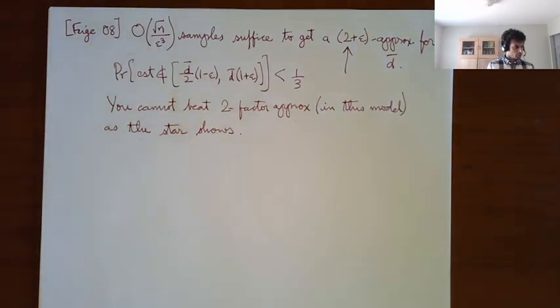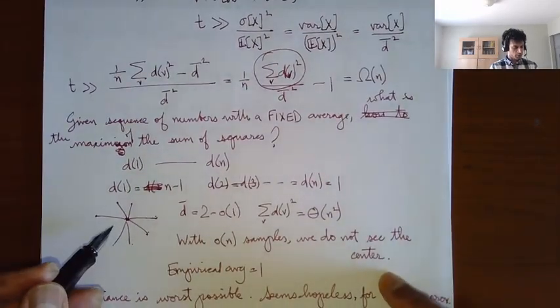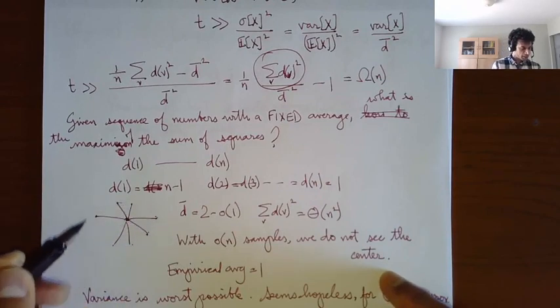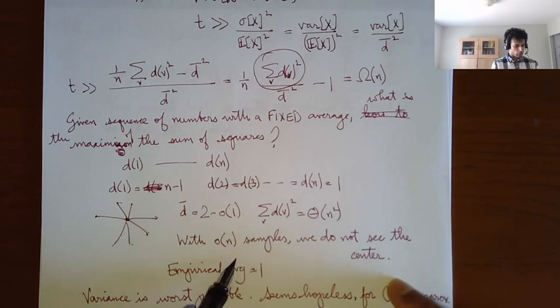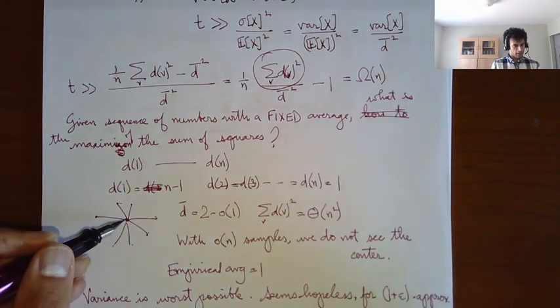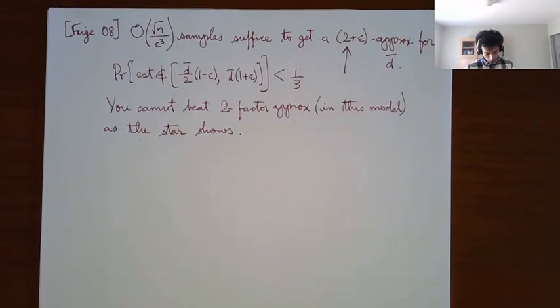The star clearly shows that you cannot beat a two-factor because if you sample little o of n samples, you're only going to sample the periphery, the leaves, and so you're not going to hit the center, in which case you're going to be off by a factor of 2. Okay? So any questions about what the statement of the result is? Any questions? Okay.